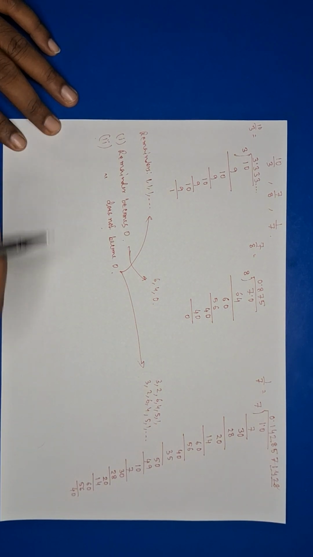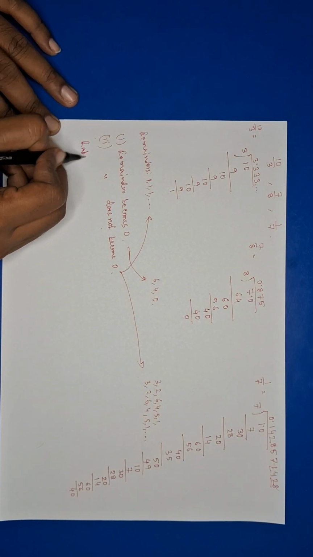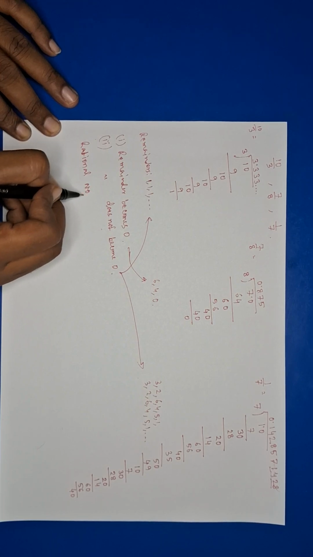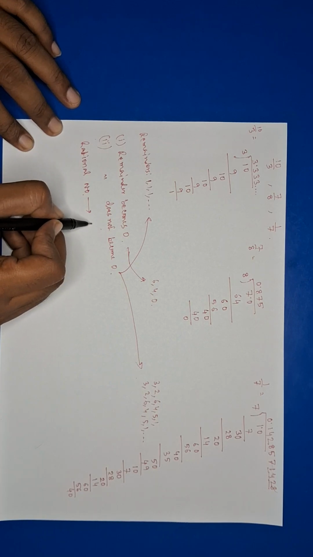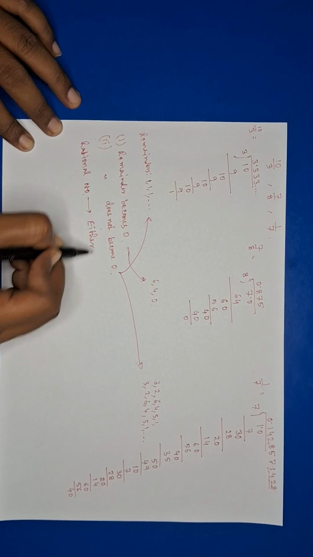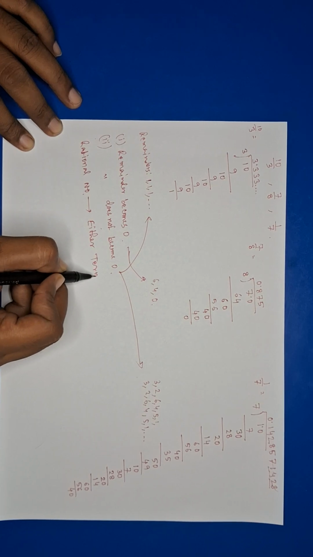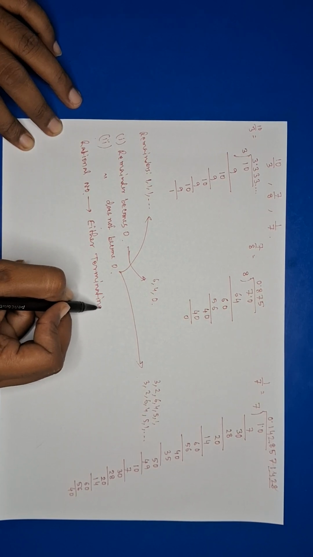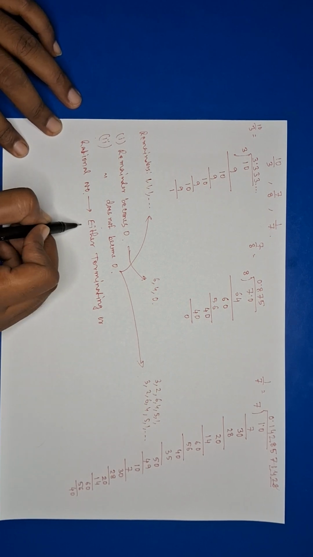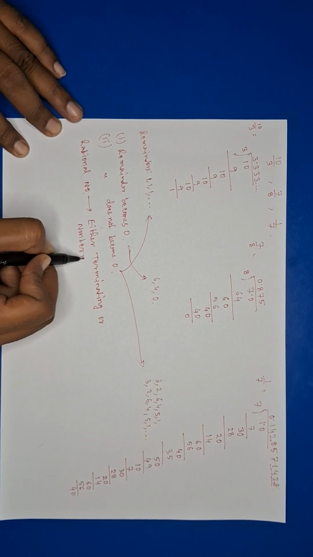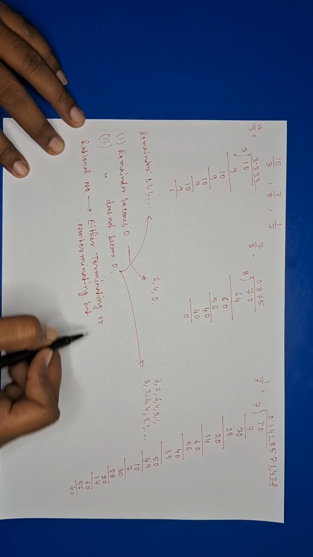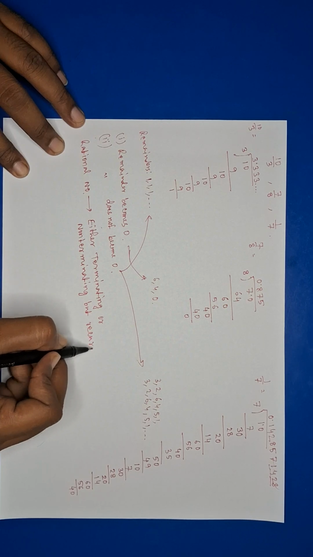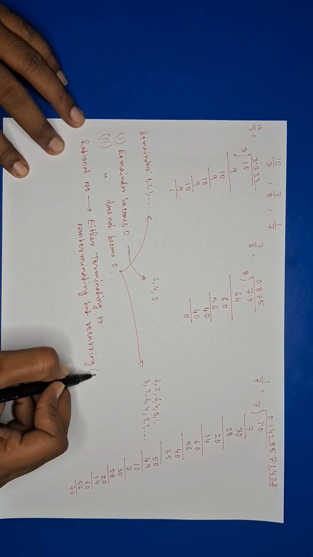So if we consider a rational number with respect to decimal expressions, it is either terminating or non-terminating but recurring or repeating.